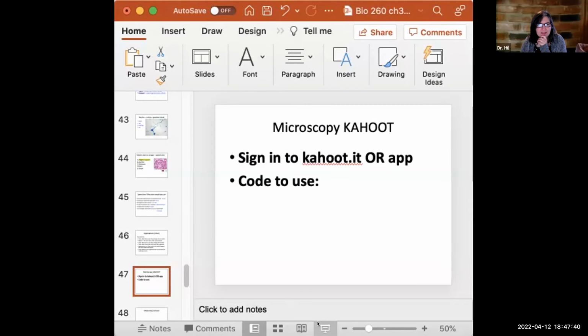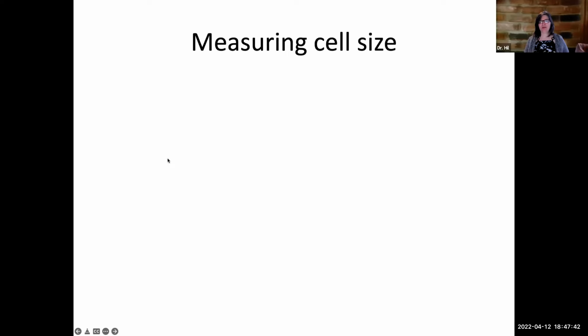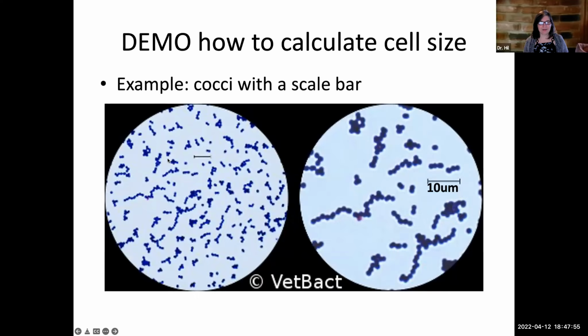Just a couple more things to say to you. All right, so we have to talk about measuring cell size, and we're going to talk about it in lab. In the last 3 minutes of class, I'm just going to very briefly give you one example. For lab 3 and for this lab 2 that you're about to do, you're going to measure cell size. And that involves having some kind of scale bar.